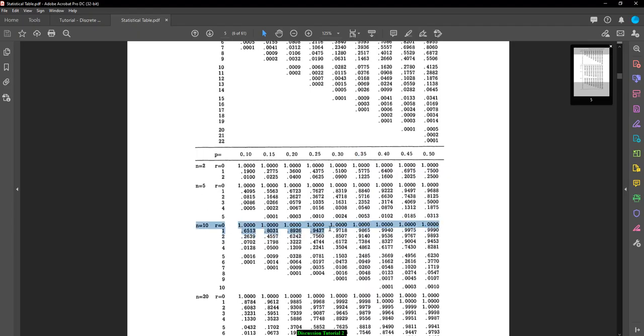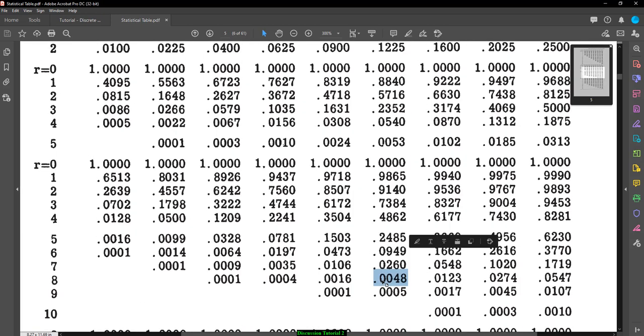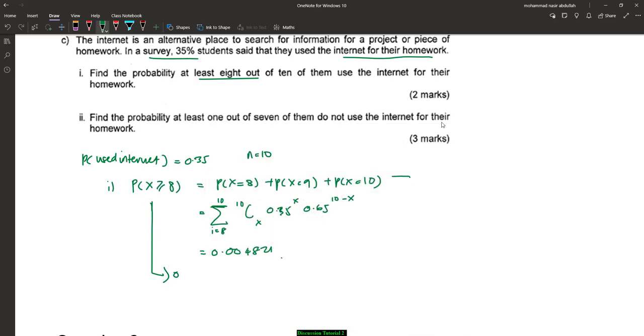So we will look into this side. So 0.35, and we want to find probability of x more than or equal to 8. So this one should be 0.048. Roughly the same, because they use 4 decimal points, right? Okay, this is for number 1.